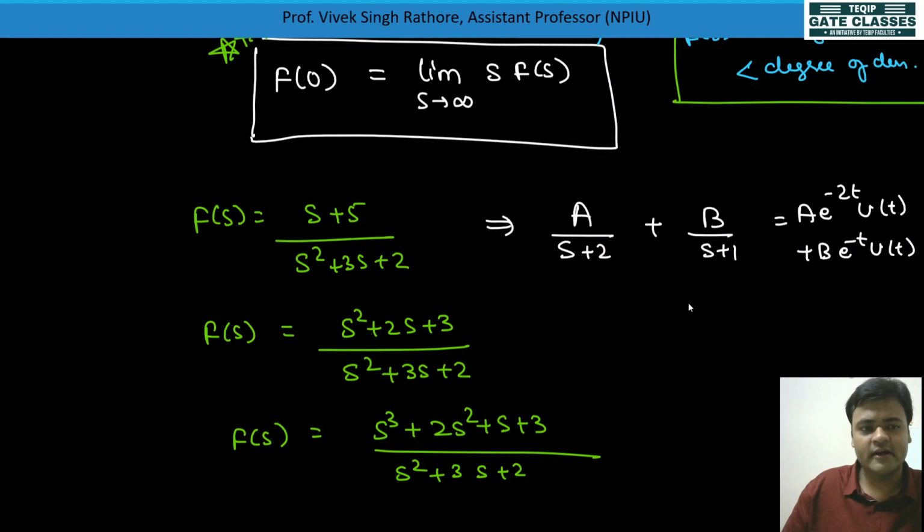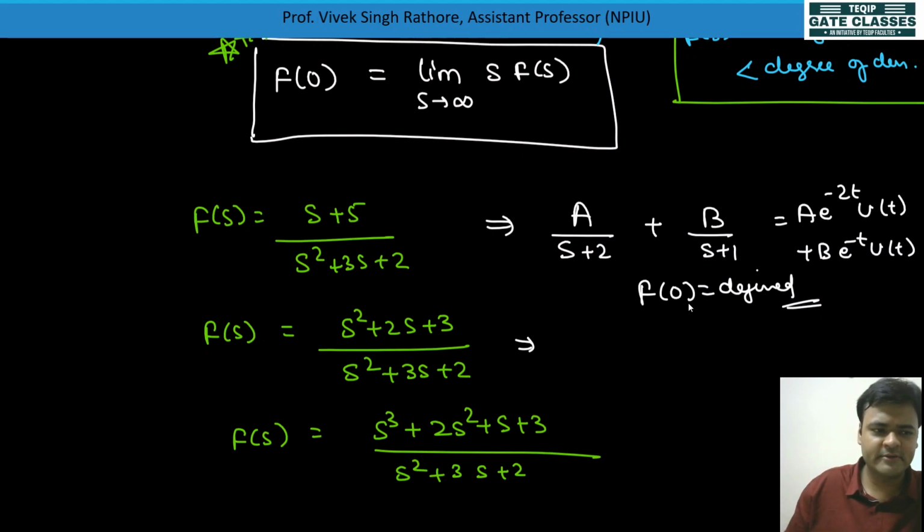Definitely, in the time domain, for t tending to 0 you can see some value will be defined. So f of 0 will be a defined value for this.